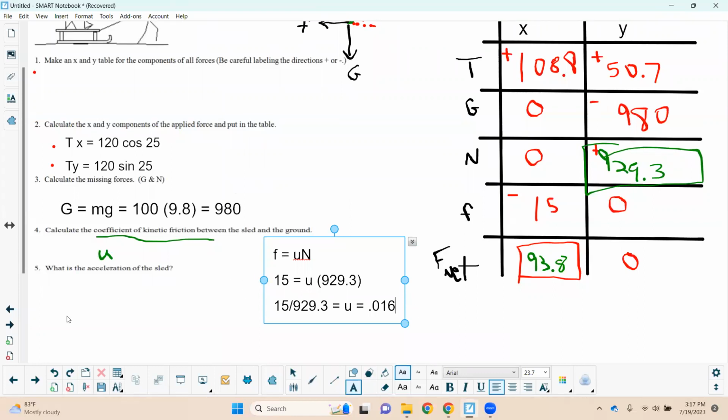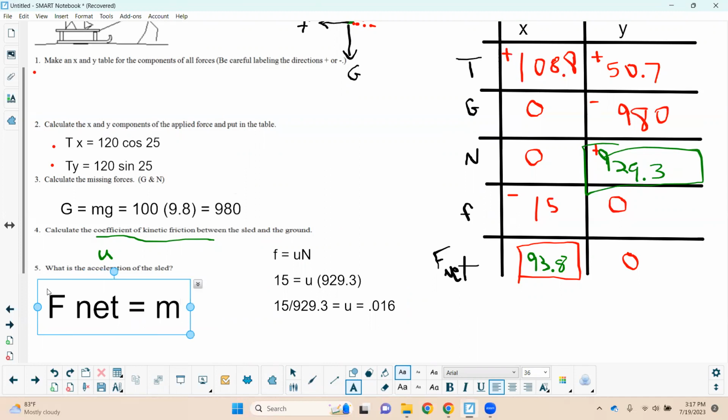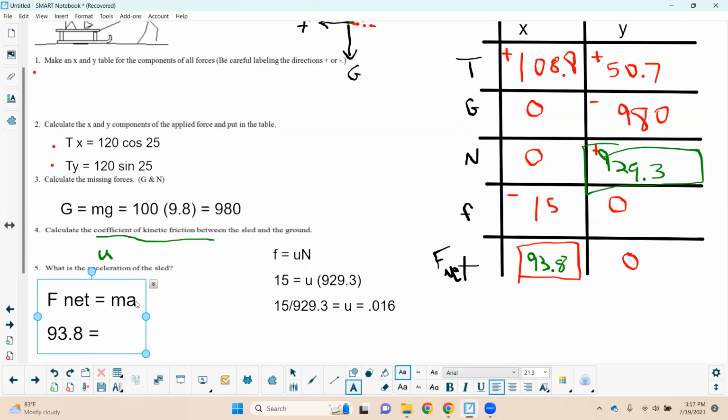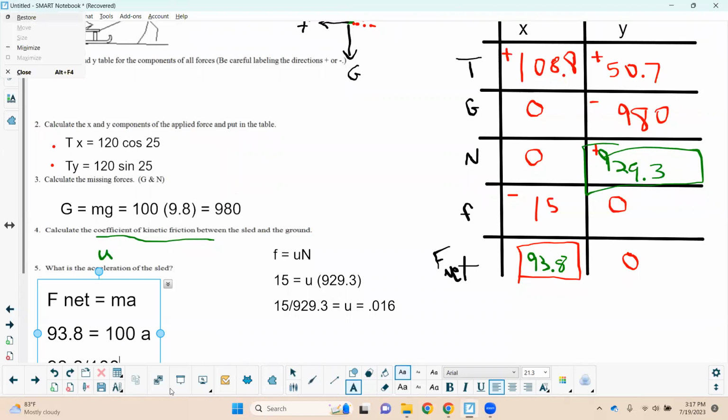That's the coefficient of friction value. And then we're going to solve for the acceleration, where the net force is equal to the mass times the acceleration. And we're going to get that plugging in the numbers that we got here. So it's 93.8 is my net force. My mass was 100, and I'm looking for A. So 93.8 divided by 100 would equal A. Sorry, I gotta move this up so you can see it.